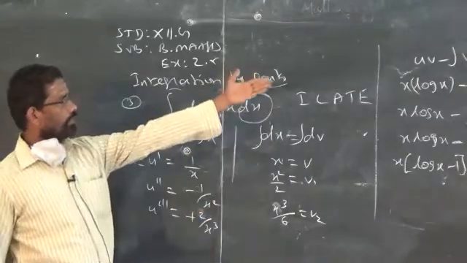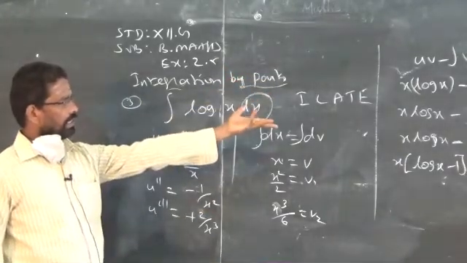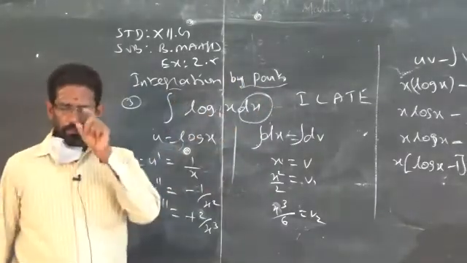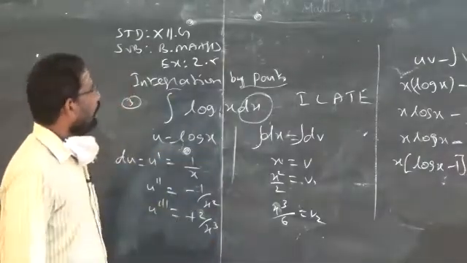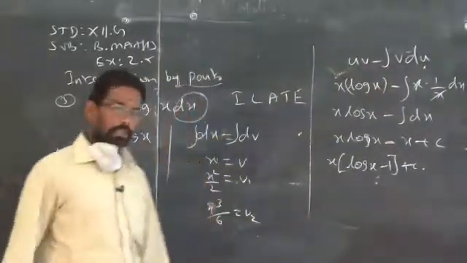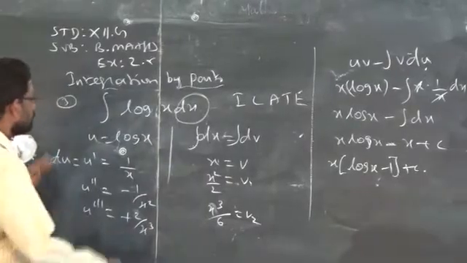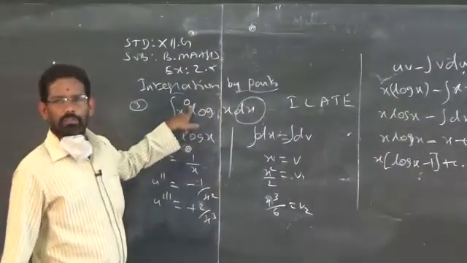But when you go for uv minus integration of v du the first time itself, you get the integrand part straight away. So I told you already, when the power of x is more than 2, you can apply Bernoulli's rule. Otherwise, you have to apply only uv minus integration of v du, because there is no x. Here do you have any x? Which means what is there? X power 0. Is 0 less than 2 or more than 2? Less than 2.